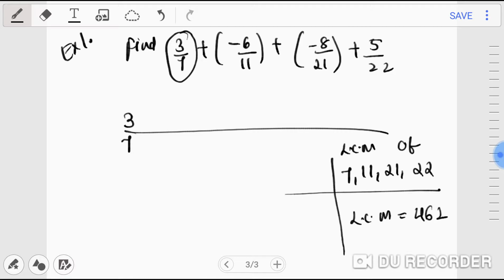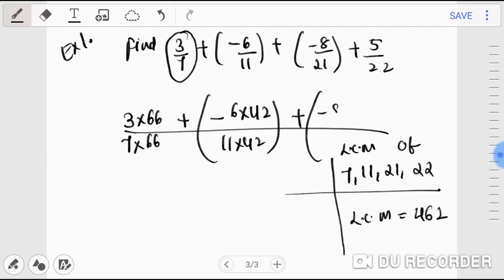You want the denominator as 462, so you convert 7 into 462 by multiplying with 66. And if you multiply the denominator with 66, you have to multiply the numerator also with 66. Again, 11 you convert into 462 by multiplying with 42.